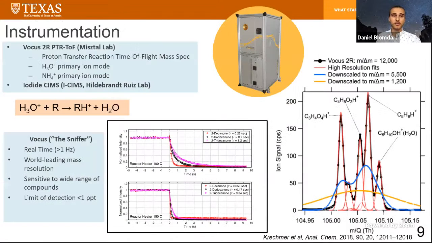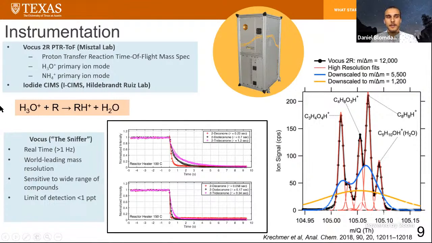Looking at the instrumentation, we used 2 main devices. The first was a Vocus mass spectrometer, what's known as a proton transfer reaction time of flight mass spectrometer. The way that instrument works is that ions are made that attach through a chemical reaction to the VOC that we're looking at, the compound.